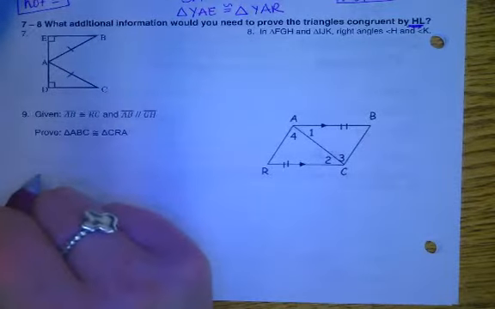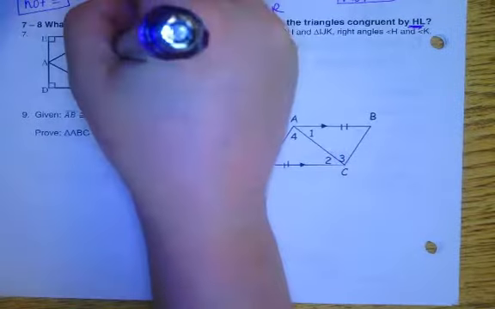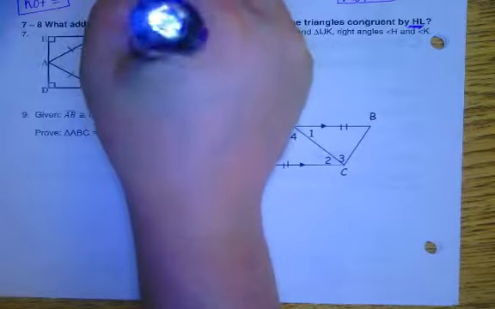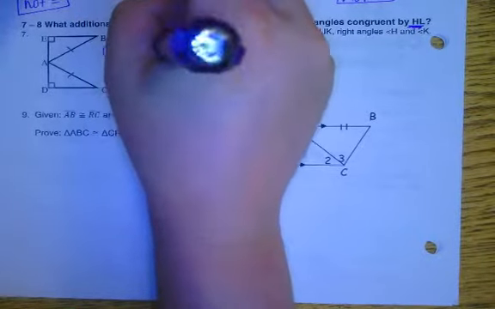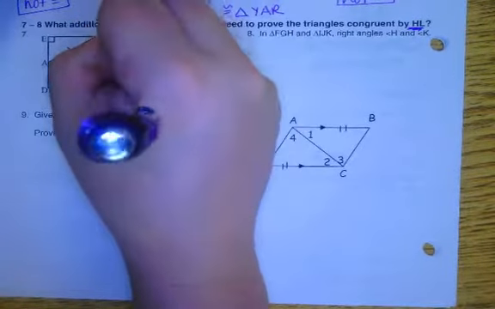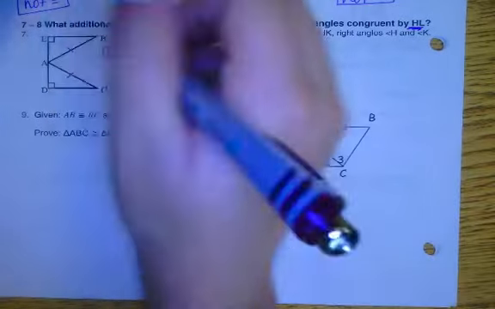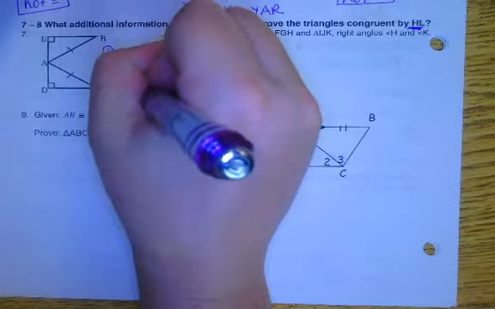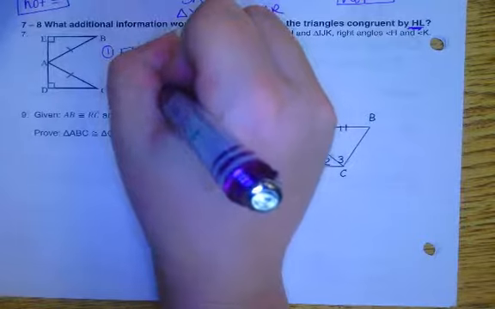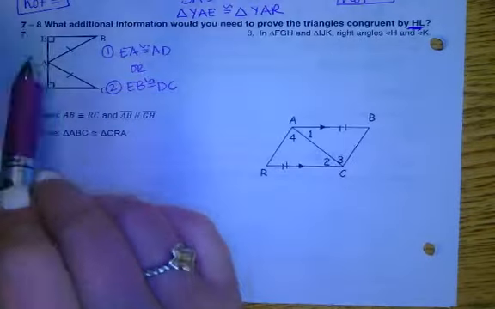There's 2 options. You would need that EA is congruent to AD, or option 2 would be that EB is congruent to DC. So at some point you need to get one of your sets of legs congruent to each other in order to prove HL.